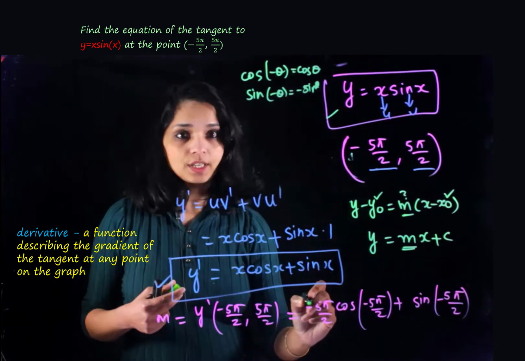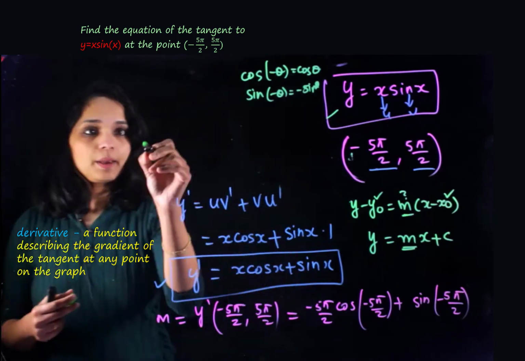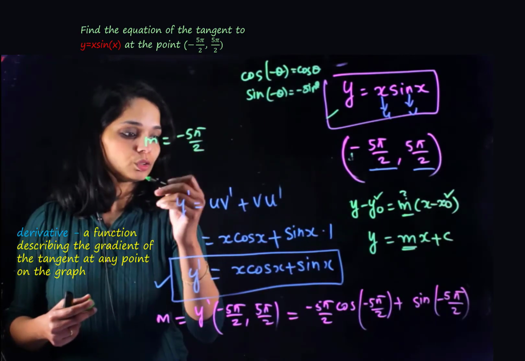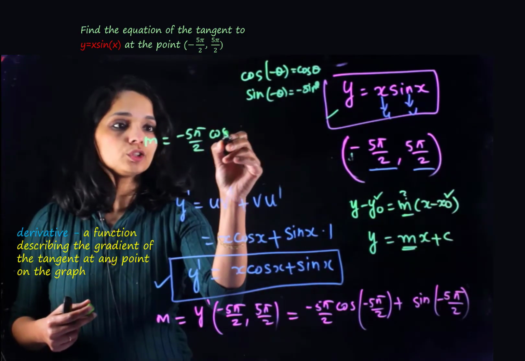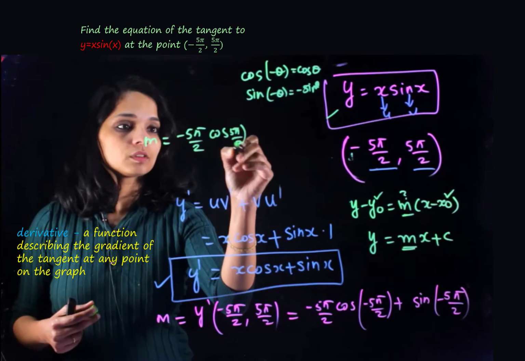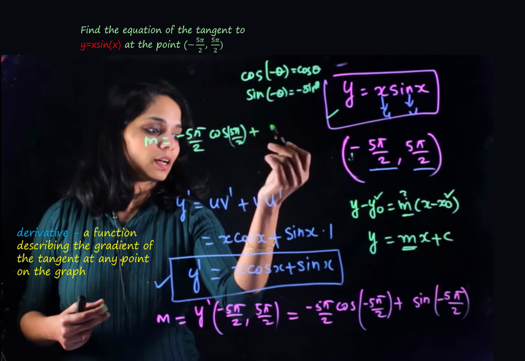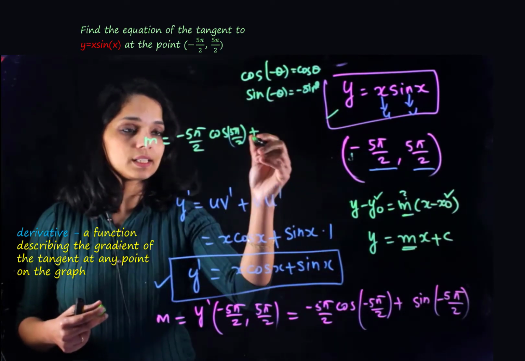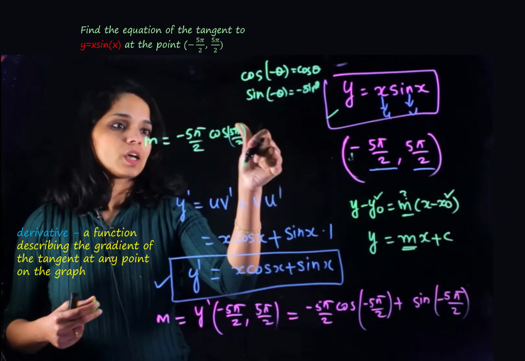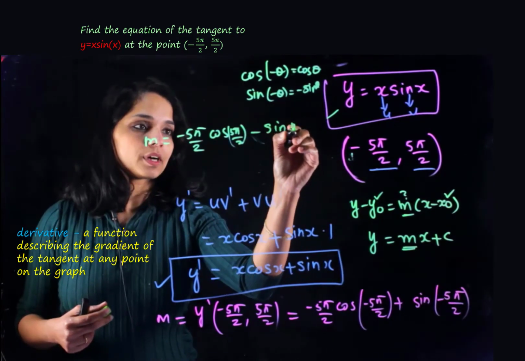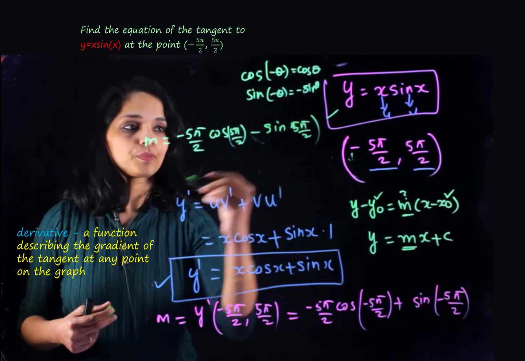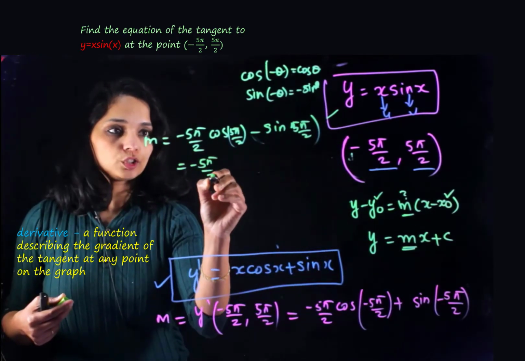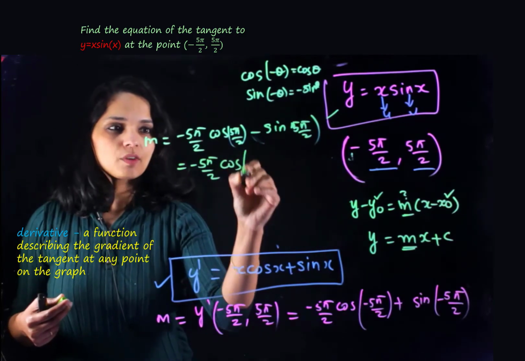So this equation then becomes m equals minus 5 pi on 2 cos 5 pi on 2 plus minus sine 5 pi on 2, because sine of minus theta is minus sine theta, so that is minus sine 5 pi on 2.